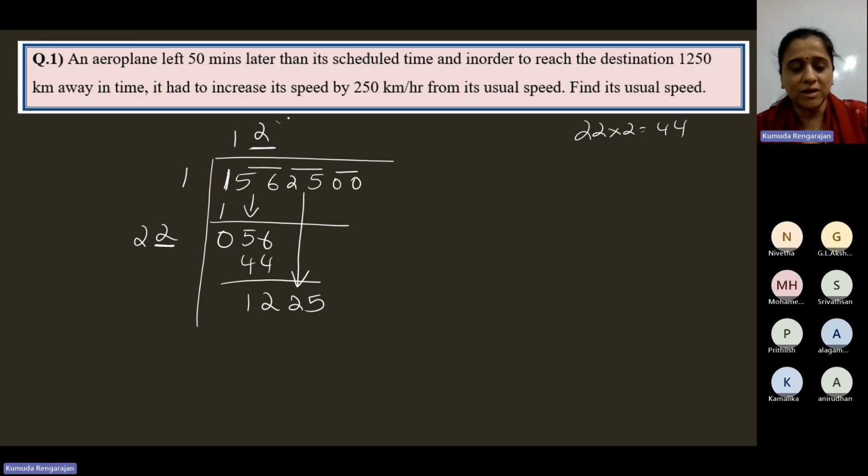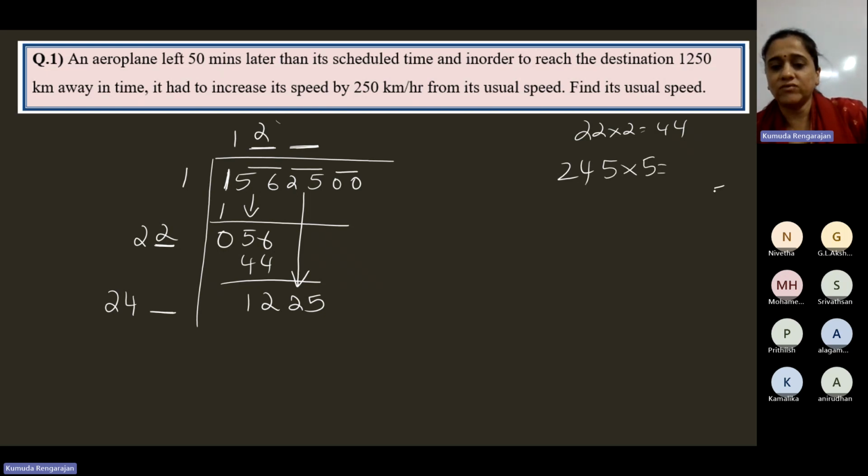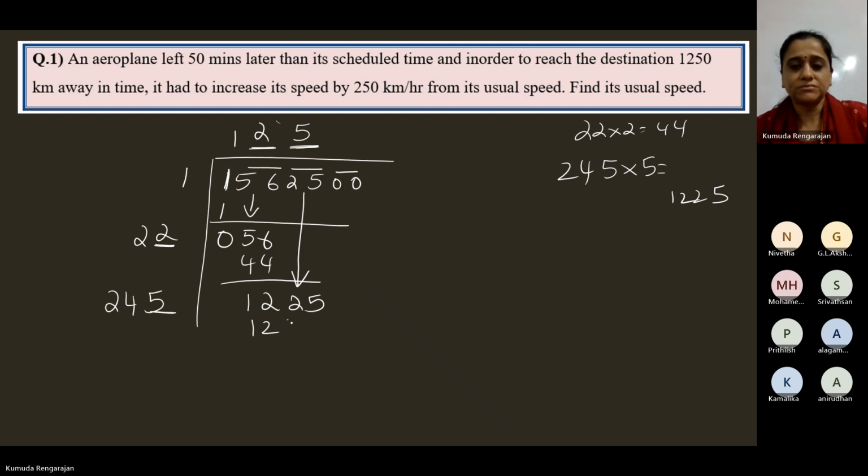Bring the next pair down. Double the quotient. 12 into 2, 24. Whatever digit you place here, you must place the same digit here. So 2, 4. If you place a 5 here, you should place a 5 here also. So 245 into 5. 5 has a 25, 2 carried over, 12. So 5, 5. 0 is the remainder. The next pair comes down.